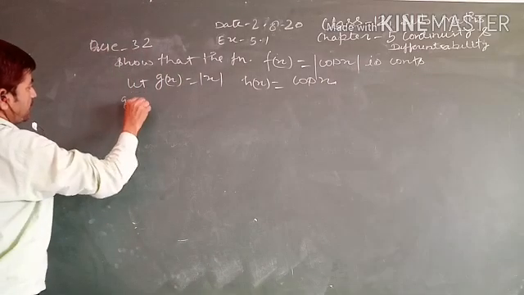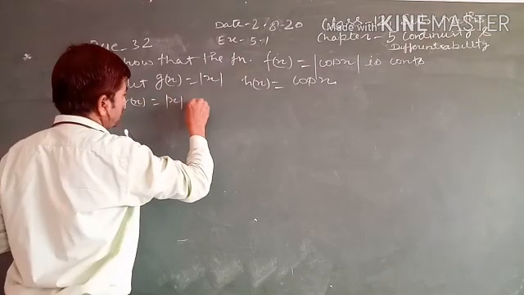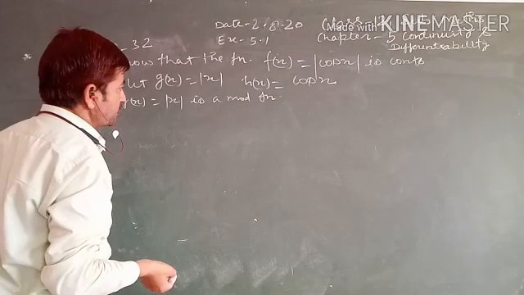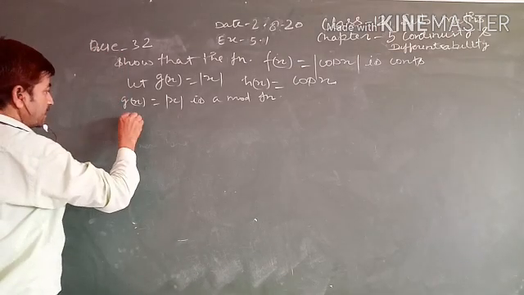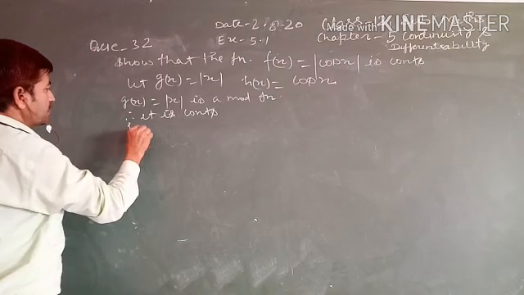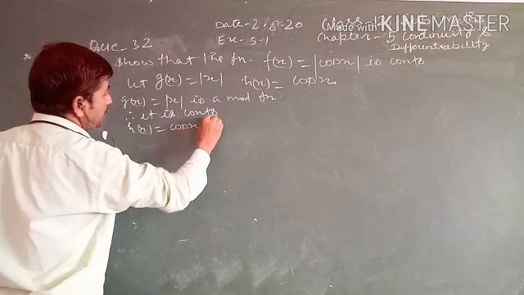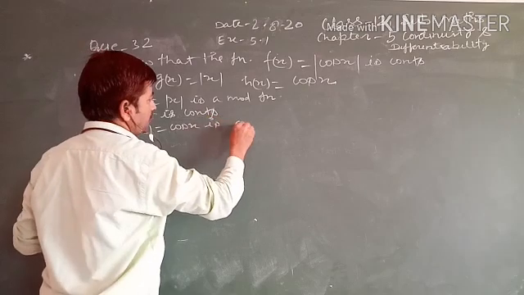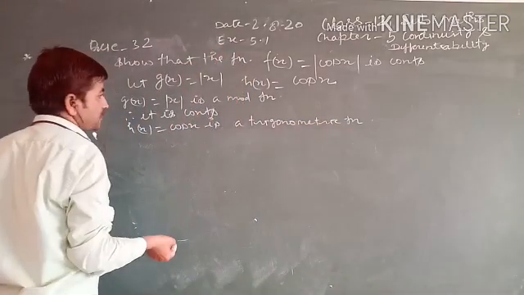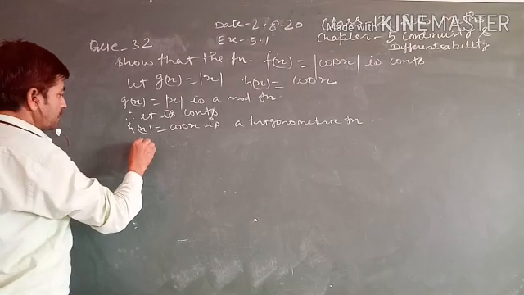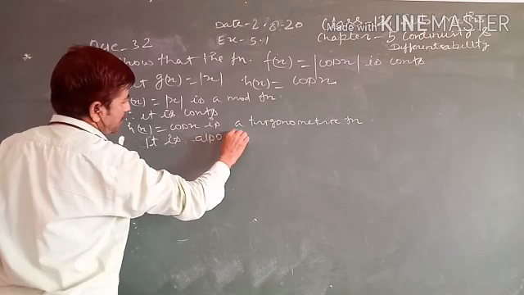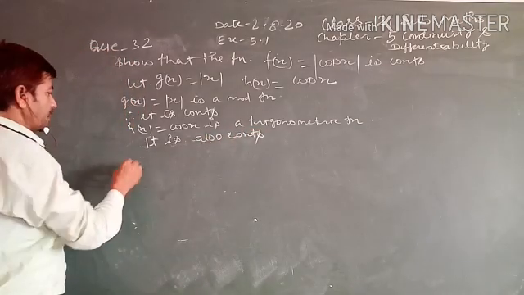Since g(x) is a mod function, every mod function is continuous in its domain, therefore it is continuous. h(x) equal to cos x is a trigonometric function. So it is also continuous.